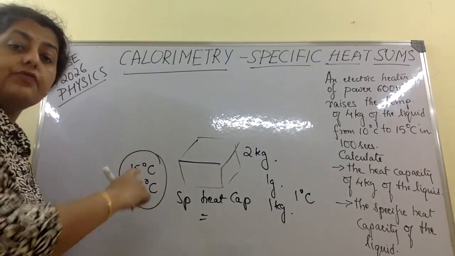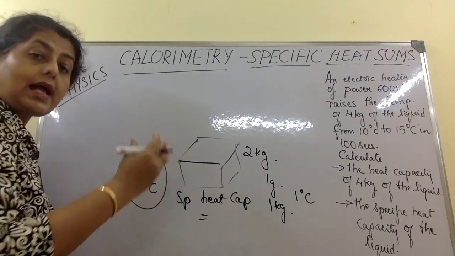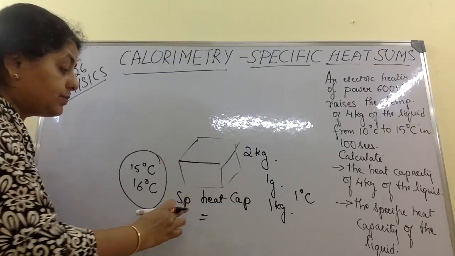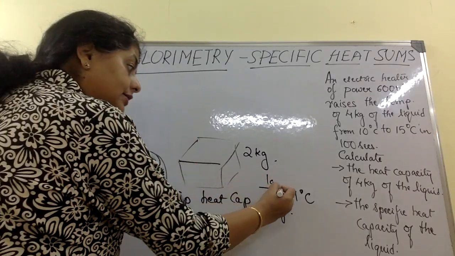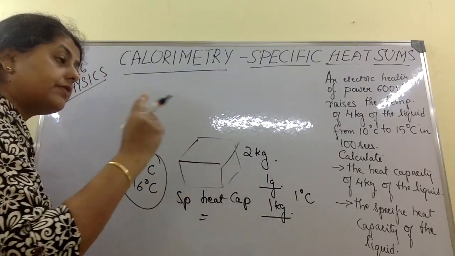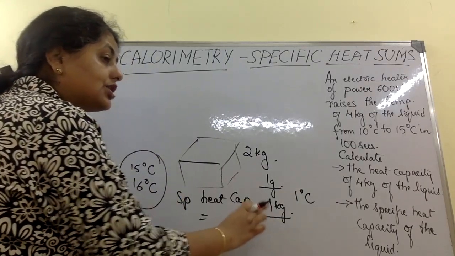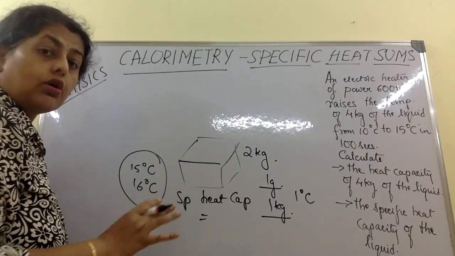In this duration, due to this change, how much of heat has been absorbed, that is the specific heat capacity. Not for the whole thing, but either for 1 gram or for 1 kg. If you get it for 1 gram, you get the specific heat capacity in CGS. If you get it for 1 kg, you get the specific heat capacity in SI, or MKS.